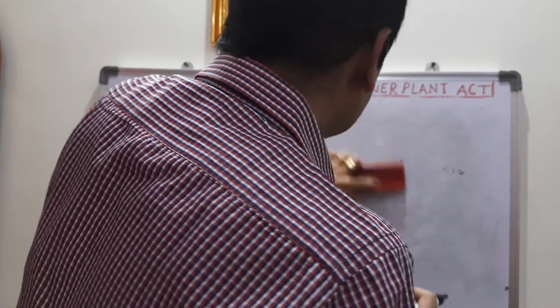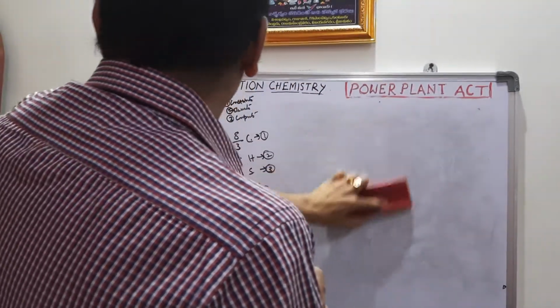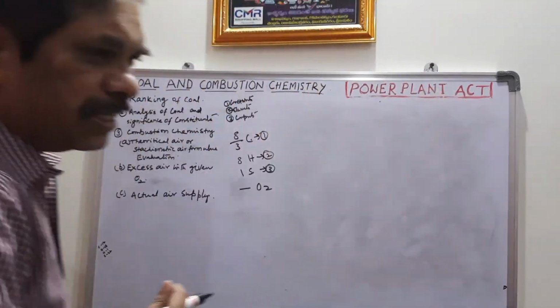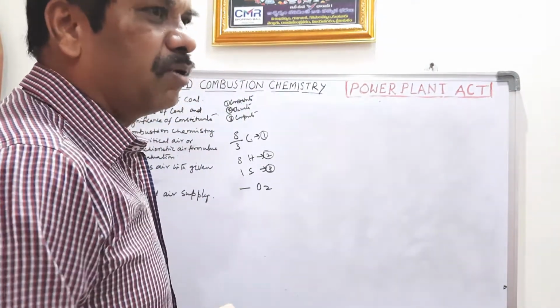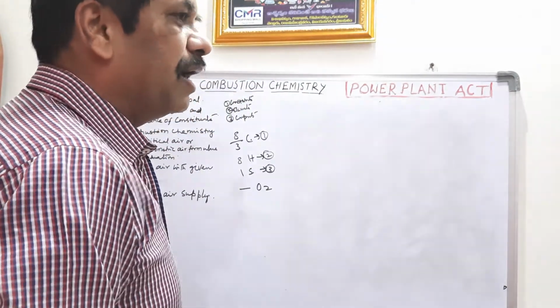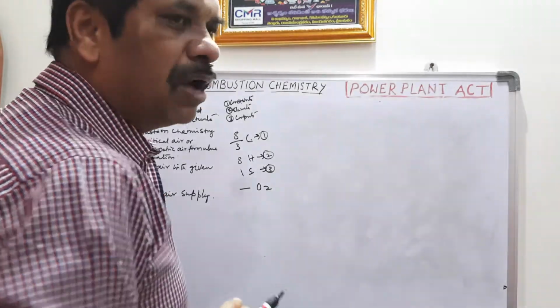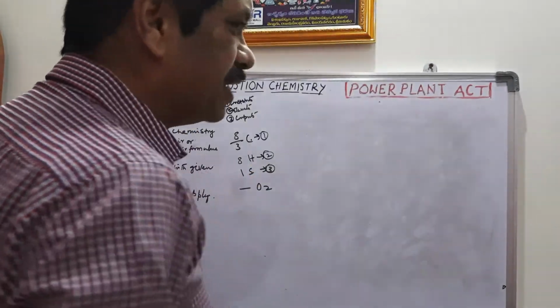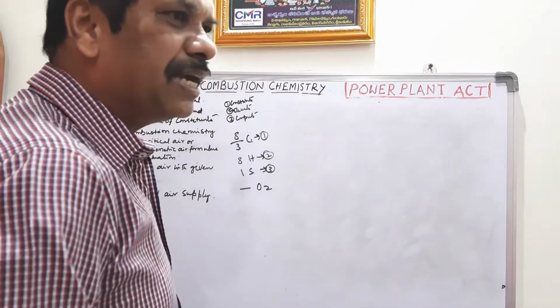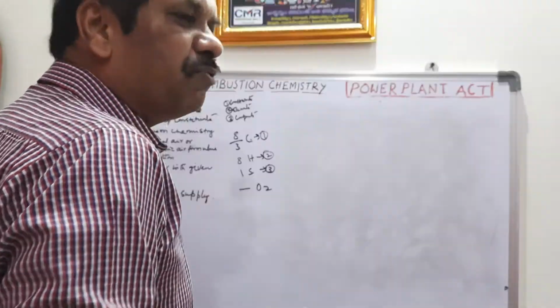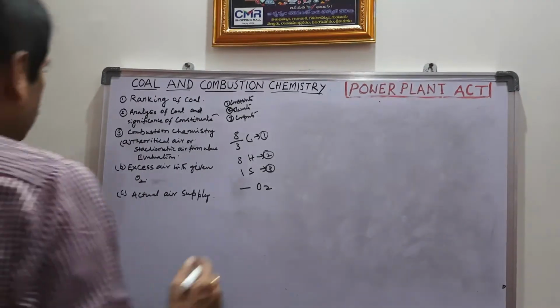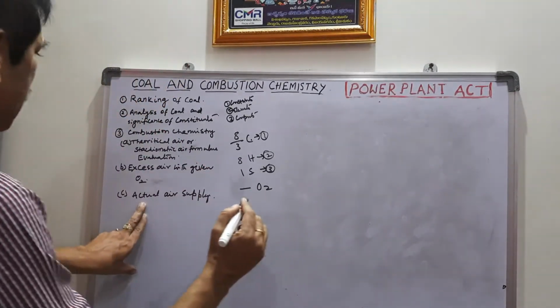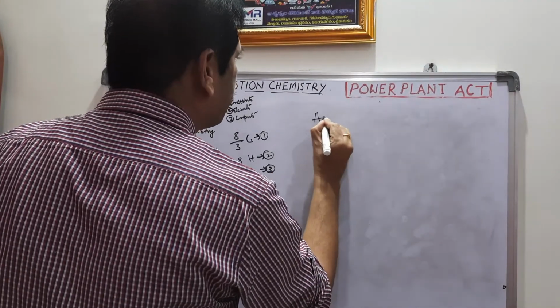The advantage of this excess air is that combustion is perfect, you will get good quality combustion, and the efficiency of the boiler is also optimized. But too much excess air is a waste of your fuel. Then we will find out finally the actual air supply.